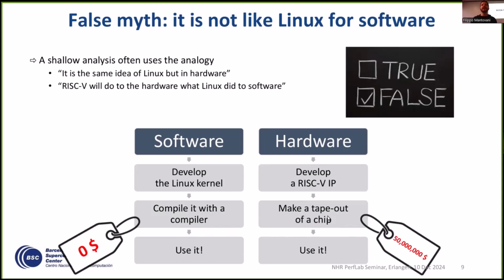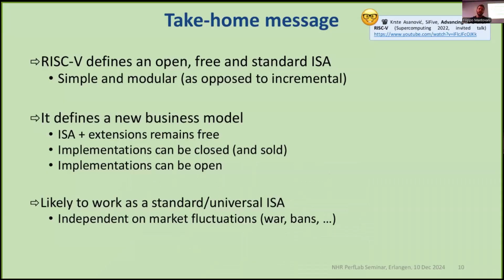So it's definitely not the same thing, okay? There is a level of complexity, much more money, and a timing process that is completely different. So I would not associate the Linux kernel with RISC-V, even if both do have this root of being something open and free for the community.